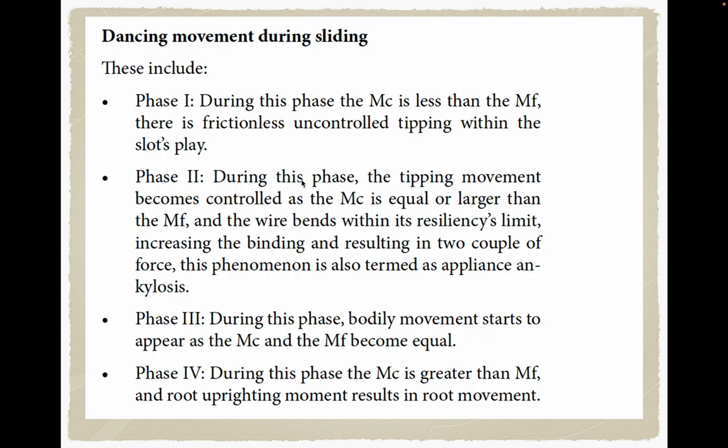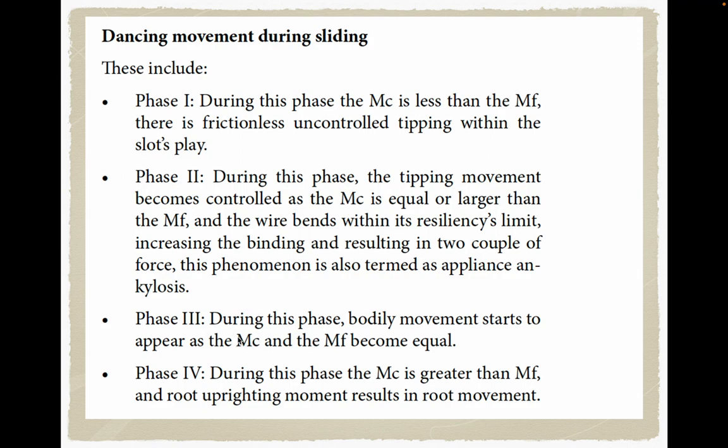Then in phase number 2, the tipping movement becomes controlled, as now we have started establishing the counter moment, the couple force. So the counter moment will be equal to or slightly larger than the moment of the force. And because the wire is rigid, now we have the couple system, and the tooth will be stabilized and will not tip anymore.